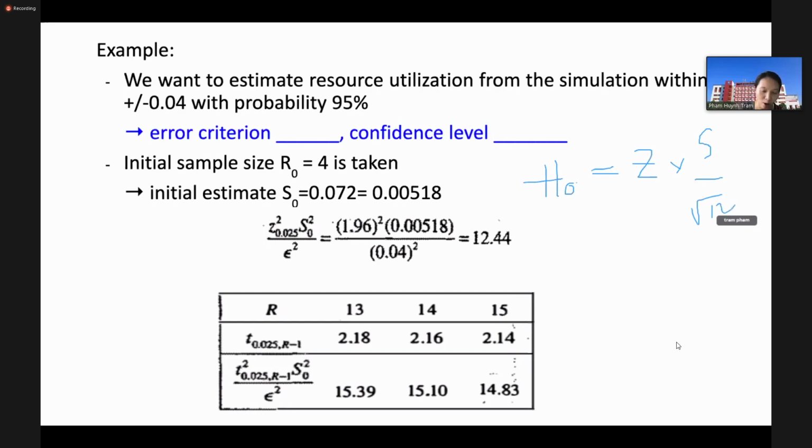Our Z is 1.96. And our S here, you have the value here. You take this value and divide it by the square root of 4. What do you have here? Can anyone try it and give me a number? I don't have the calculator here.